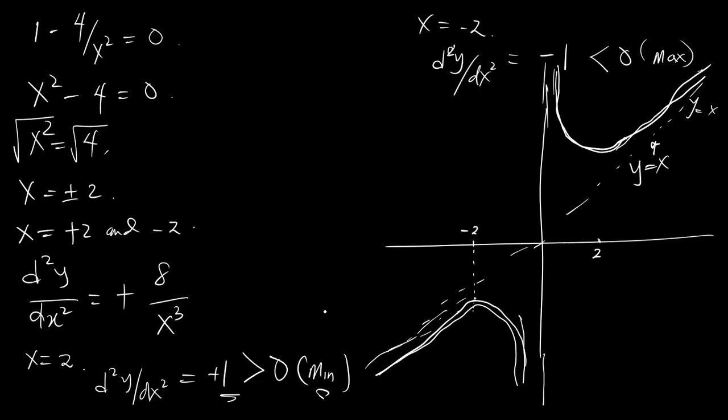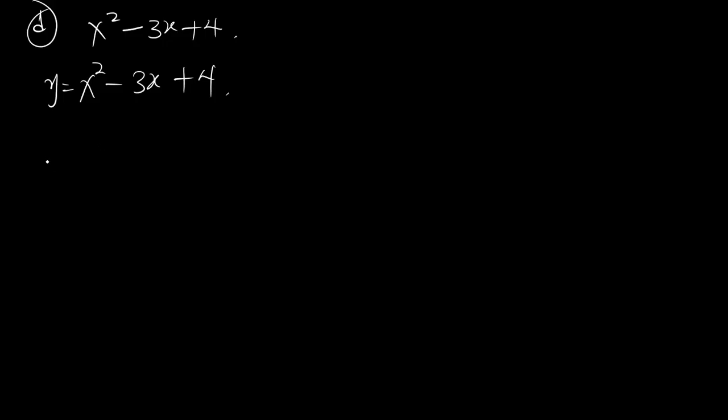Now let's do the last one on the list. You see the b part, you have x squared minus 3x plus 4. That means y is equal to x squared minus 3x plus 4. So at the point where you have y equal to 0, what is x?